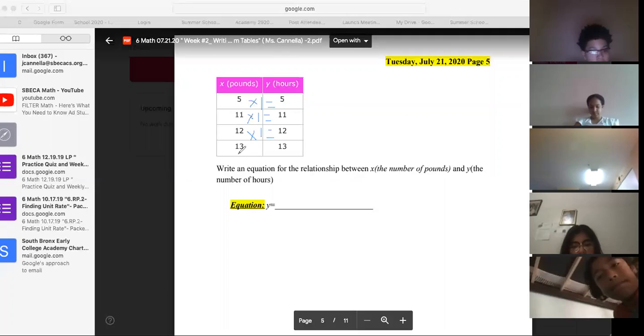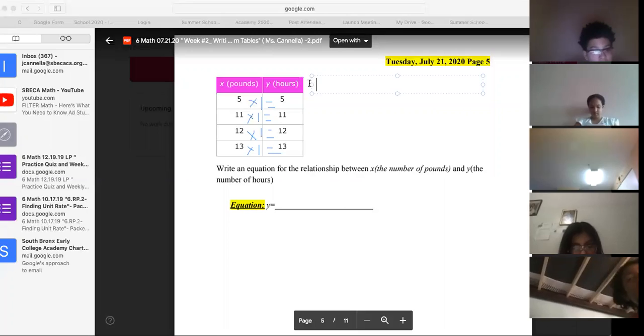Sí, muy bien. Y 13 por 1 es igual a 13. Excelente. Ok, escribe las notas en el papel, por favor.